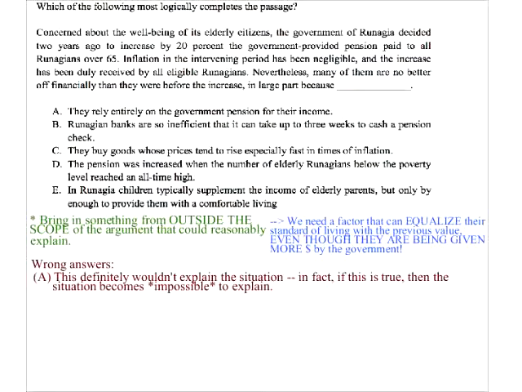So if that's a fact, then it's actually impossible to explain the situation. B doesn't matter because the passage says that they got the money. Notice, B would be an issue if it actually prevented these people from receiving the money that they were due. But the increase has been duly received by everybody who is eligible for it.